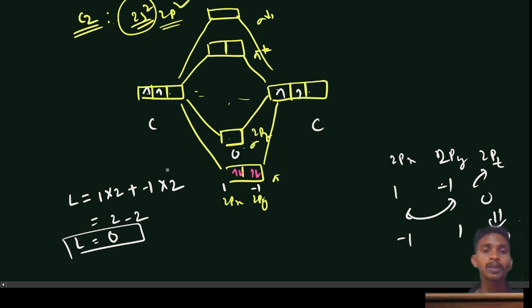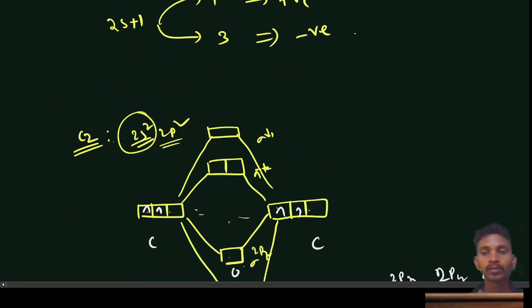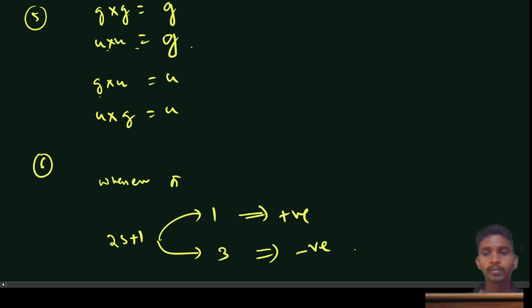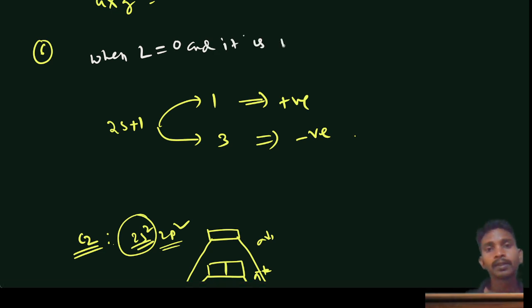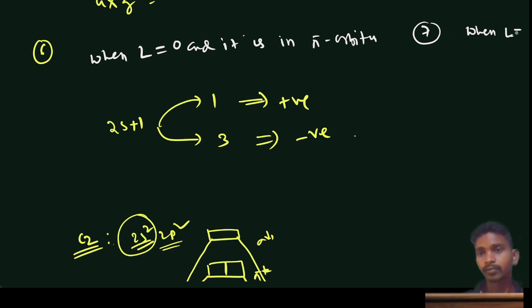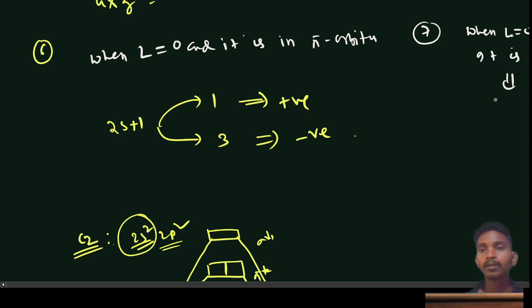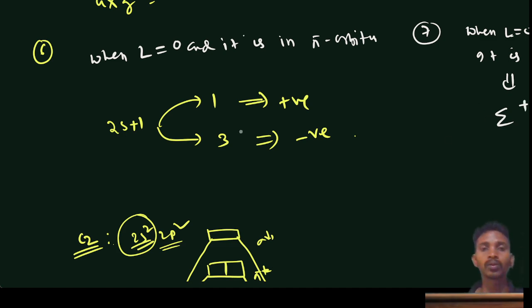So if the L value is 0 and it is in the pi orbitals, then what will we do? Actually, this point I would like to explain. When L equals 0 and it is sigma orbitals, then it is always sigma, and it is always a positive value, so there is no need to check whether it is positive or negative.